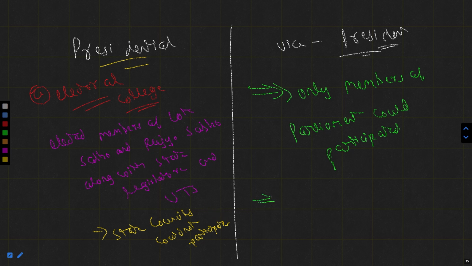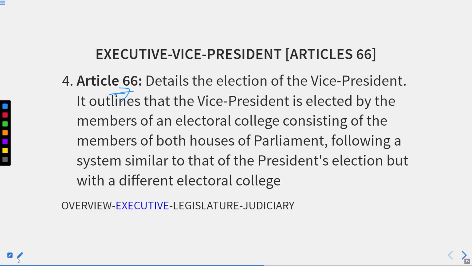All right. And second thing is that both elected and nominated members could participate in the election of the vice president. There is no restrictions on this. Got it? So please keep this thing in your mind.